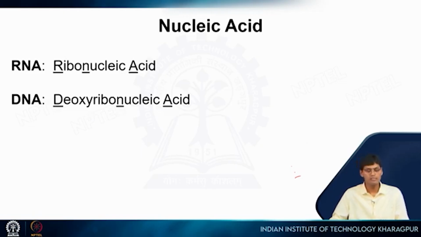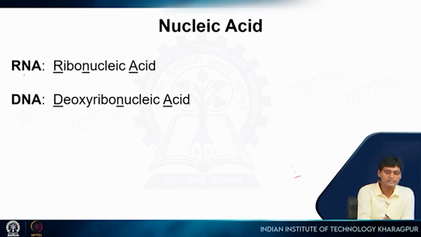Now here you can see RNA and DNA. RNA stands for ribonucleic acid and DNA stands for deoxyribonucleic acid. So what is nucleic acid? As I said, the gene was known a long time before, but nucleic acid was also known before establishing that DNA is our genetic material.